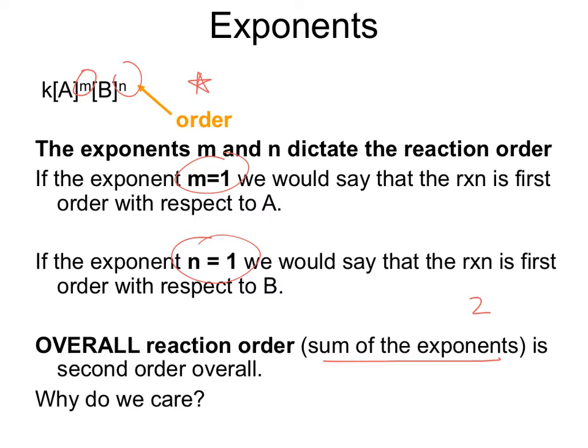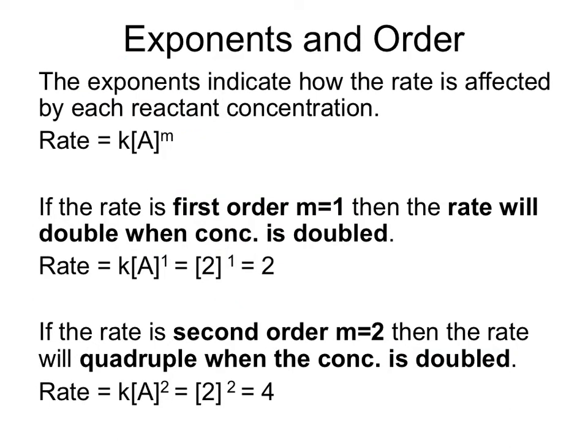So why do we care what order reaction we have, or what the order is with respect to different reactants? What's the point? Who cares? Well, why we care will be explained here. Your exponents are going to show how the rate is affected by the concentration of each of the individual reactants. If I take this rate law and find out that my M value is equal to 1, this is what my rate law would look like.